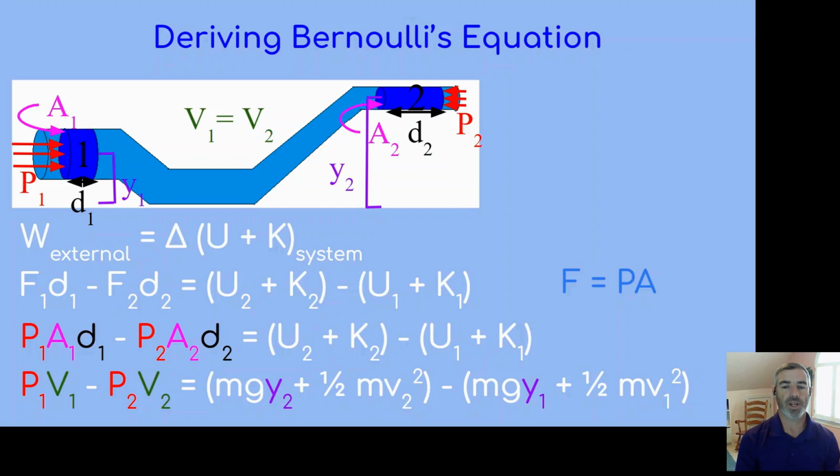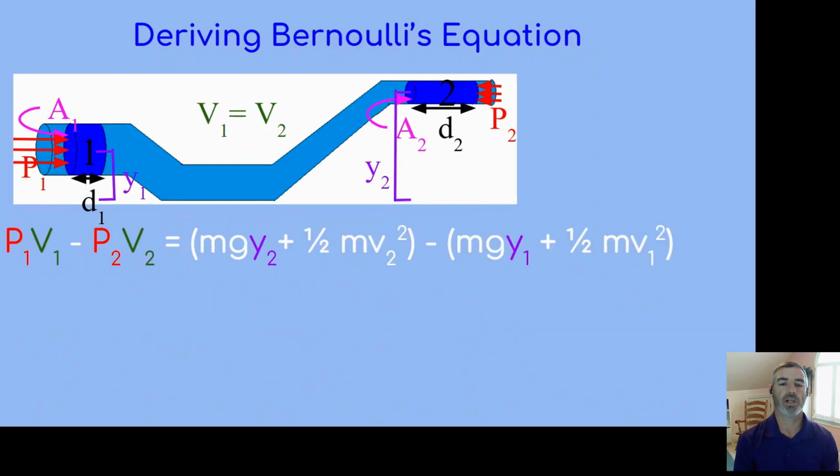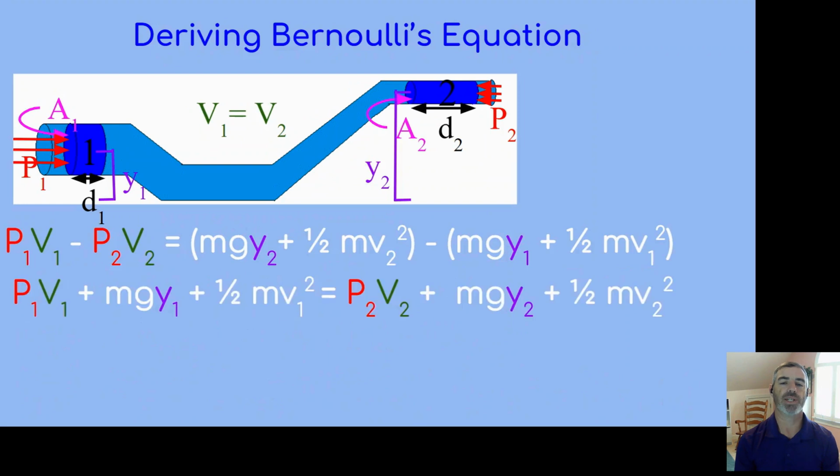Looking at that equation, we're going to collect all of our one terms on one side, the terms that go through the first volume, and the ones that go through the second volume. So that's going to give us this equation of P1 V1 plus mg y1 plus 1/2 mv1 squared equals P2 V2, etc. Now, what we're going to do next is divide each of our terms by the volume because we know the volumes of 1 and 2 are the same.